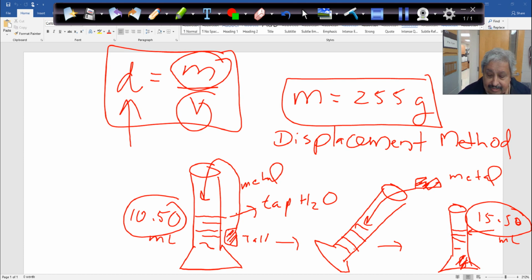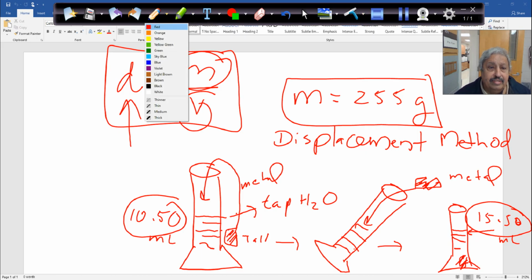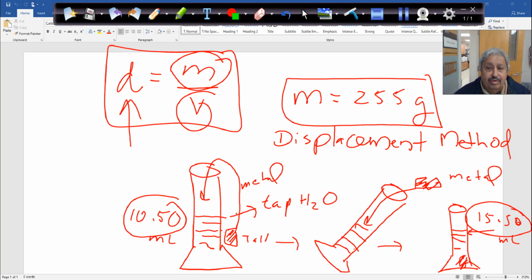What is the density? The question is, what is the density? Okay, guys, so here it is. Well, it turns out the density is mass over the volume. Mass is 2.55 grams.